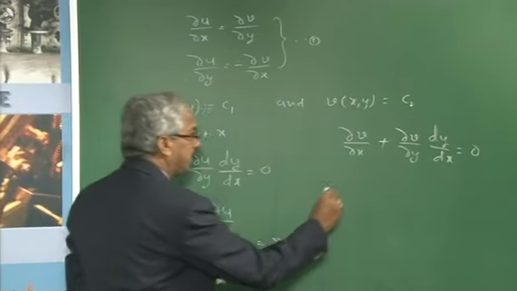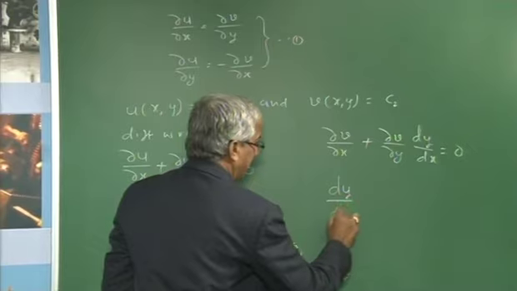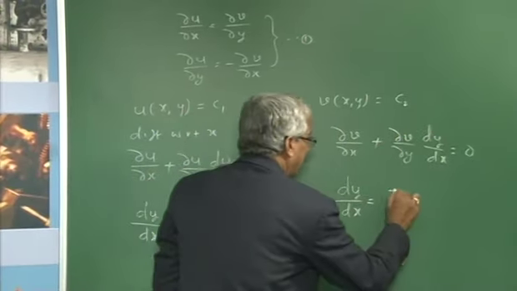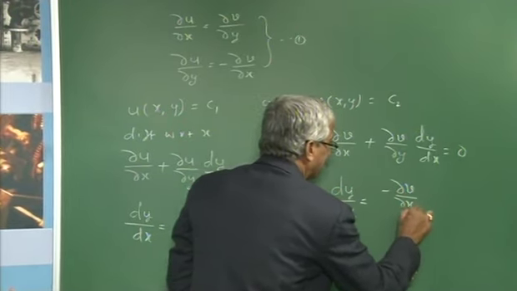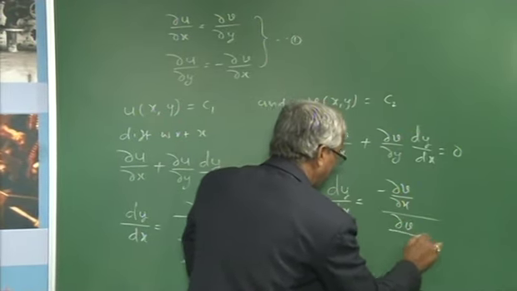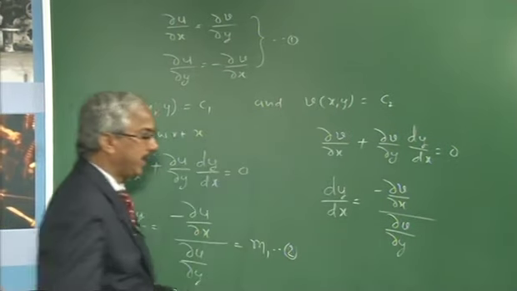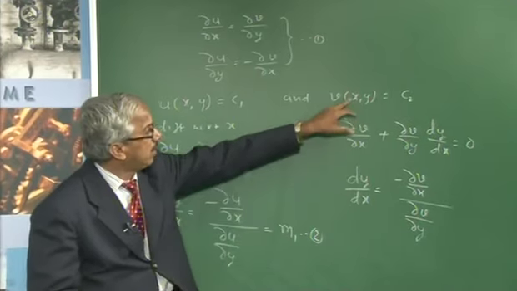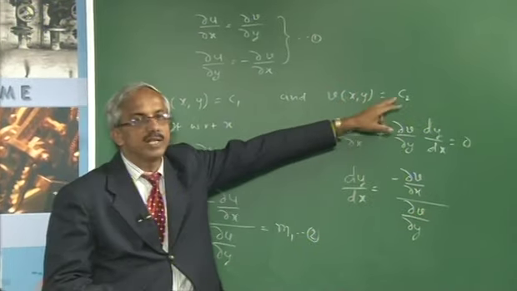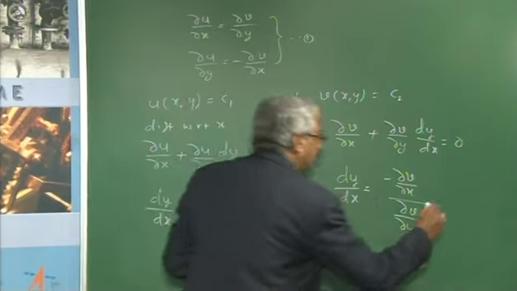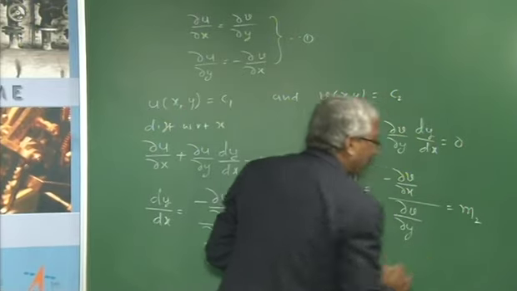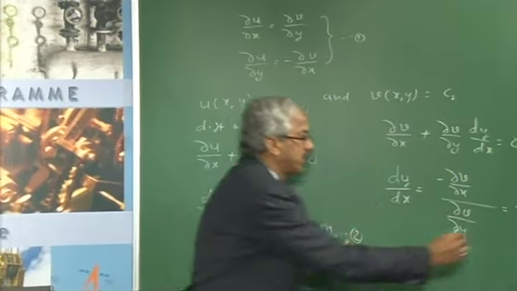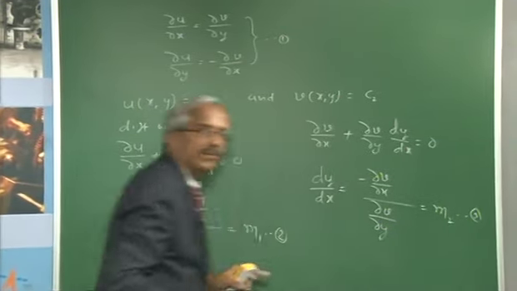Simplifying for dy by dx, dy by dx is equal to minus dou v by dou x divided by dou v by dou y, and this again geometrically represents the slope of the curve. Therefore, dy by dx is the slope of this curve at any point, which I take as the simple notation m2. I take this as equation 3.